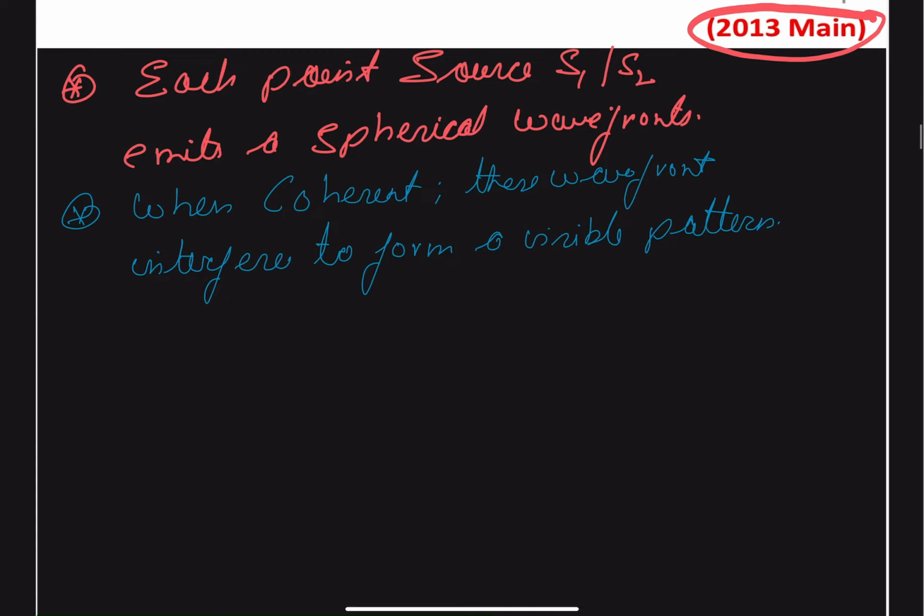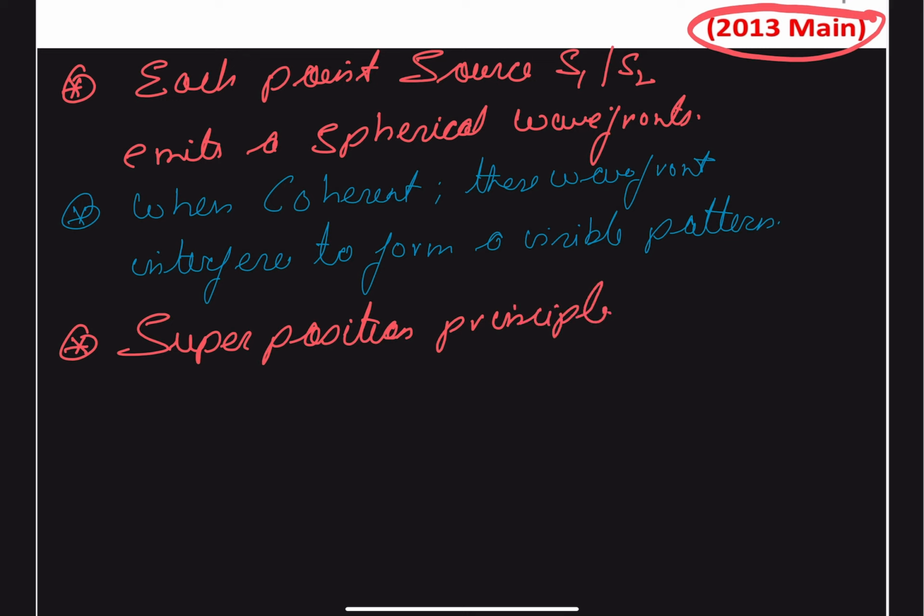And to find out what kind of pattern it might be, we can use the principle of superposition. At any point the resultant intensity can be constructive or destructive depending upon the path difference.